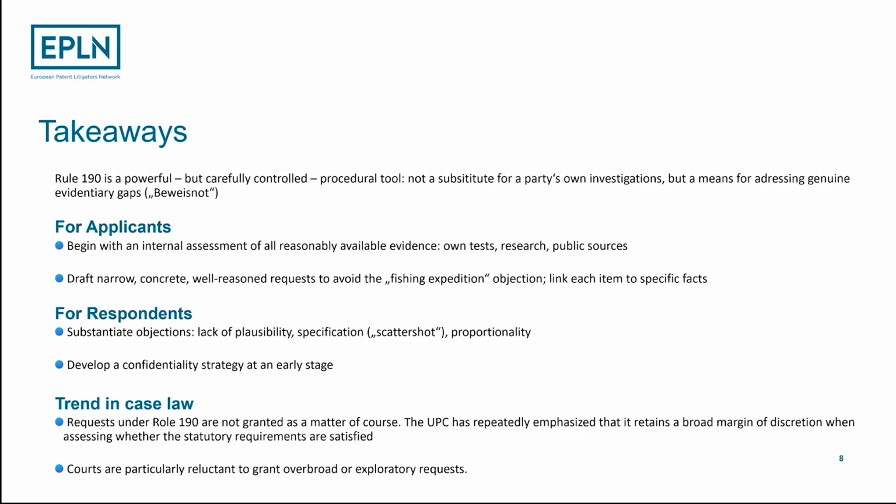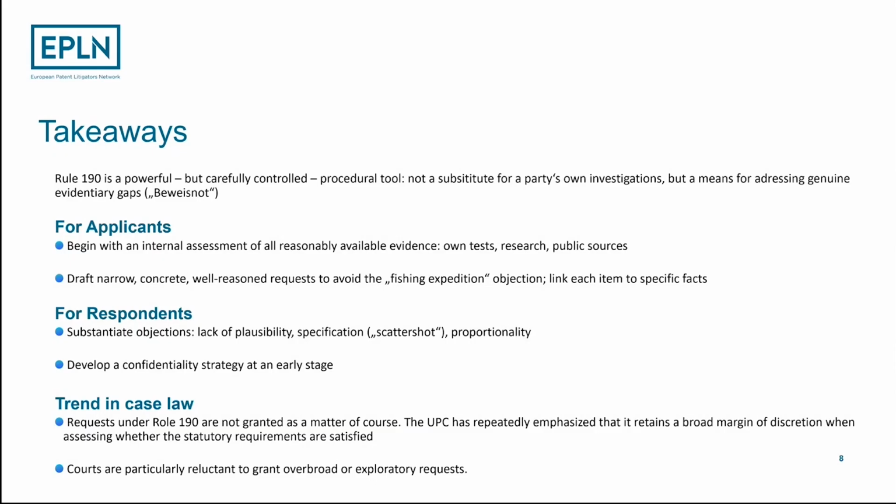In general, Rule 190 is a powerful procedural tool, but it is not a substitute for own investigations. It explicitly does not allow so-called fishing expeditions, but only is a tool for bridging evidentiary gaps. In German, we have this word Beweisnot, which can roughly be translated as lack of evidence or lack of access to relevant evidence.